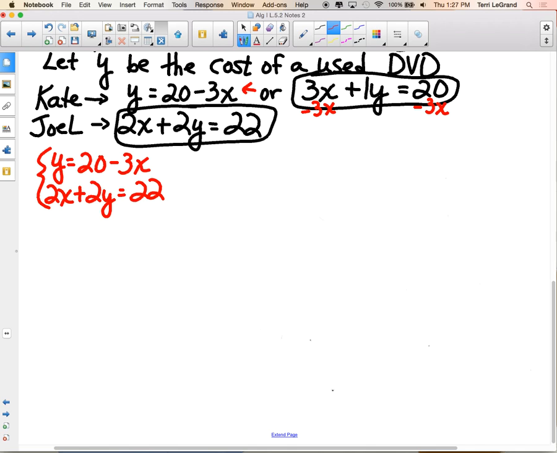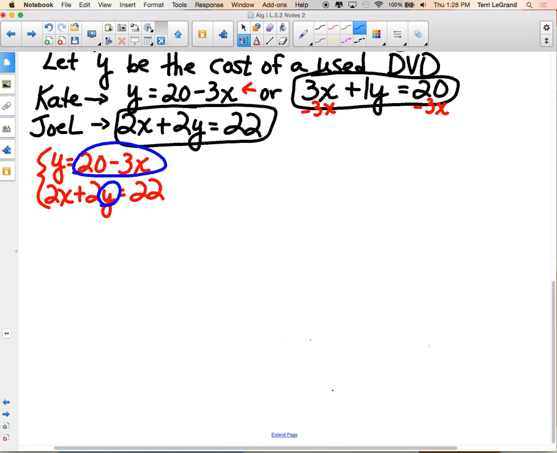All right. Now what are we going to do? Connor? Plug 20 minus 3x into y. 20 minus 3x is going to go into the other equation for the y.